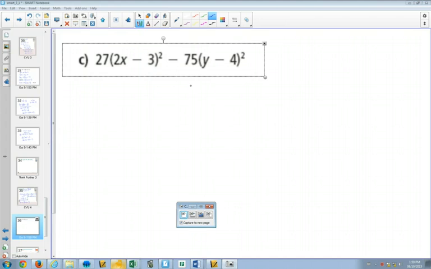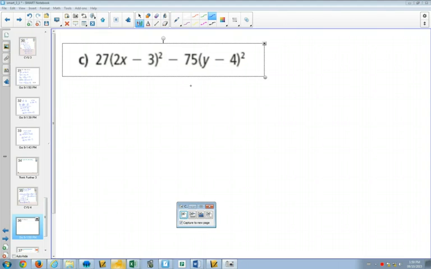You might go to that right away and use substitution. If you wanted to do it directly, to see could I do this directly, you see the minus sign. Are both of these perfect squares? Well, 27 isn't, and neither is 75. But there might be a common factor that you could pull out.